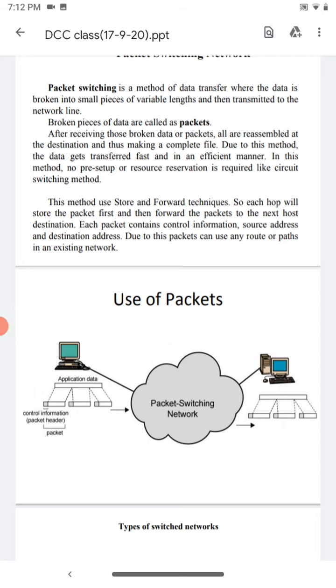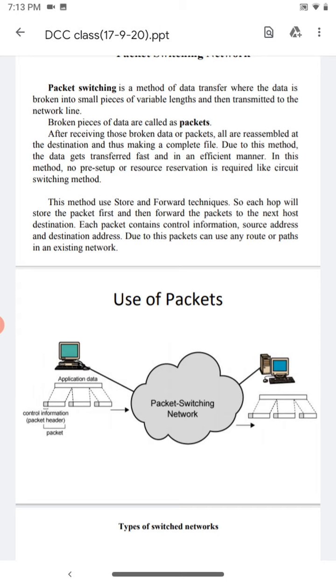After receiving those packets, all are reassembled at the destination to make the complete file. Due to this method, the data gets transferred fast and in an efficient manner. In this method, no pre-setup or resource reservation is required, like in the circuit switched method.